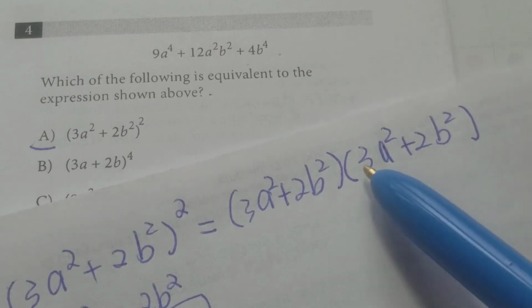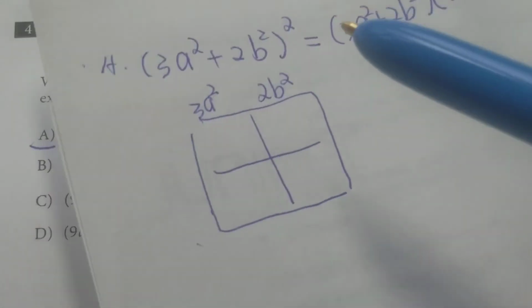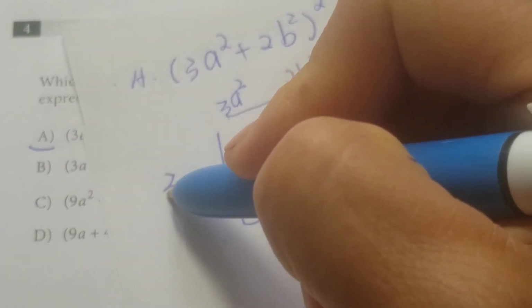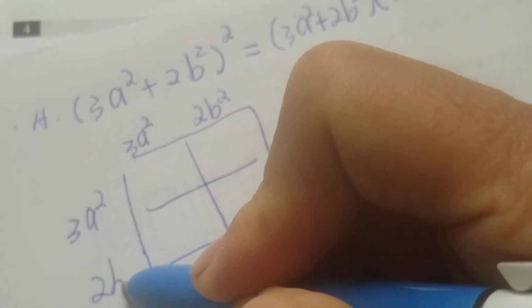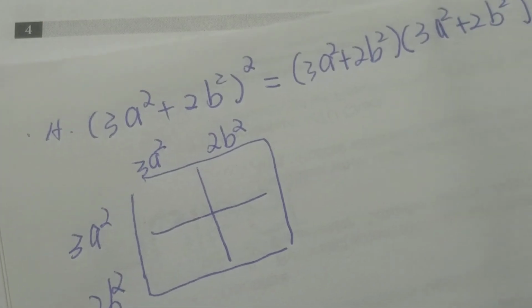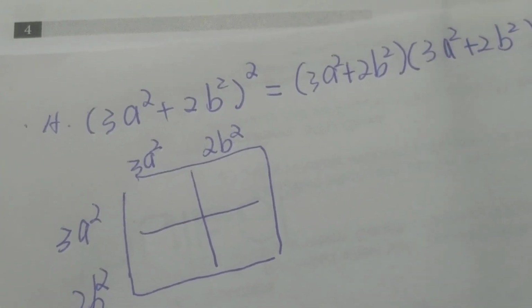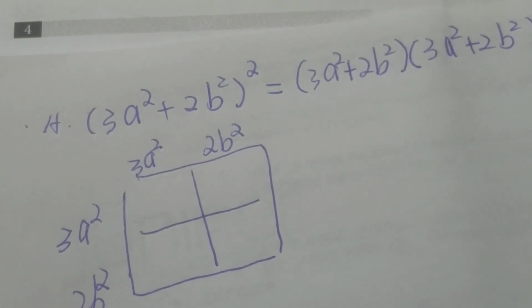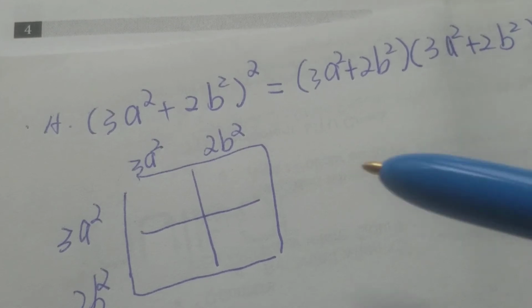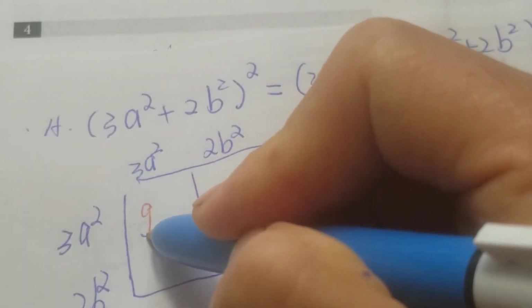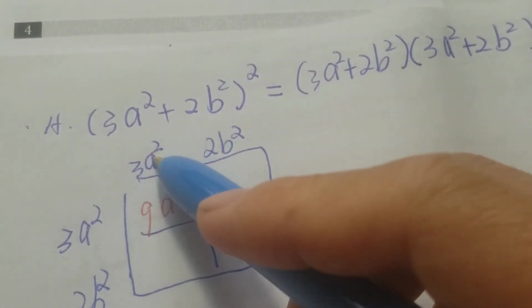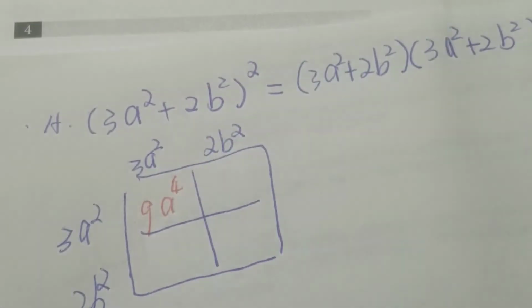Expand it out, then you have the second parentheses, then I'm going to put 3a squared and 2b squared here. This is how you set up your 2 by 2 table. Now multiply them together. 3 times 3, which is 9. A squared times a squared, which is a to the power of 4.